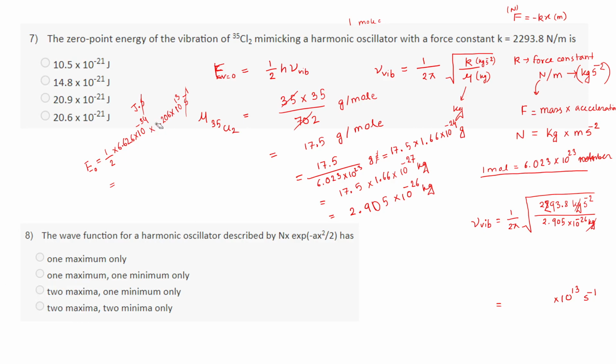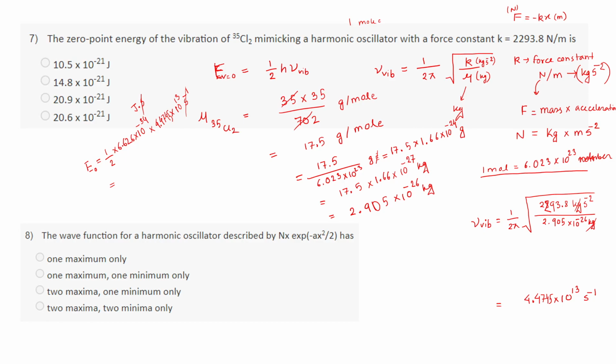Let me erase this part. Okay, so I will get something around 4.4745. 4.4745 into 6.626 into 10 to the power minus 30 divided by.